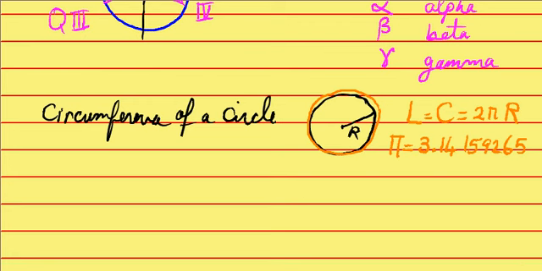Next topic we want to talk about is measuring angles. Of course, the most convenient unit that we have for measuring an angle is just how many circles are being occupied by the angle.